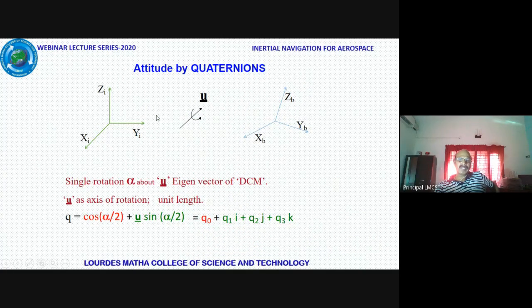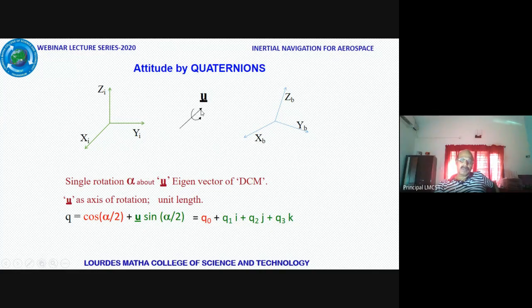So now, having said all that, I will say I have 2 frames, an I frame, xi, yi, zi, and xb, yb, zb. This is also orthogonal. The drawing may be looking shabby, but it's orthogonal. Their angular orientations are different. Now, connecting these two, there is a transformation matrix or DCM, and that has got an eigenvector corresponding to eigenvalue plus 1, and that eigenvector is this vector u, which is a unit vector in the vector part of our quaternion.